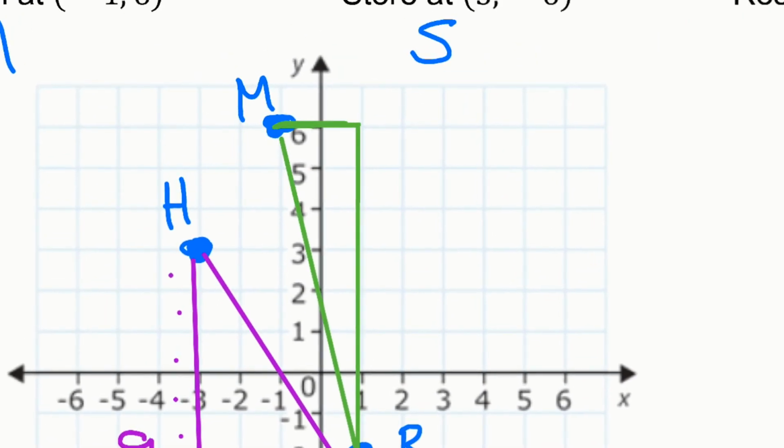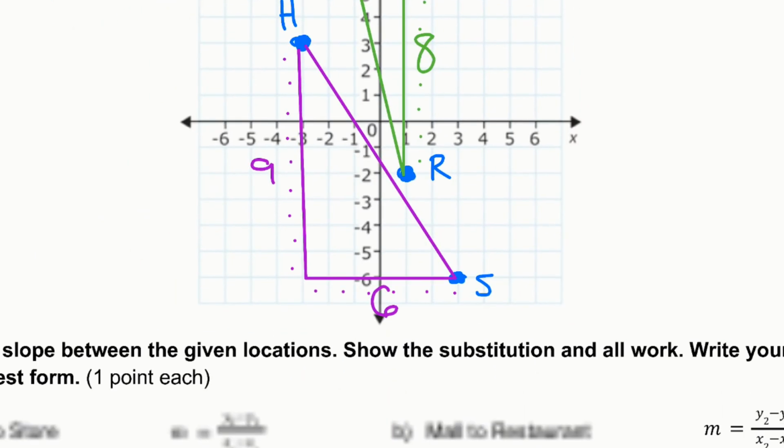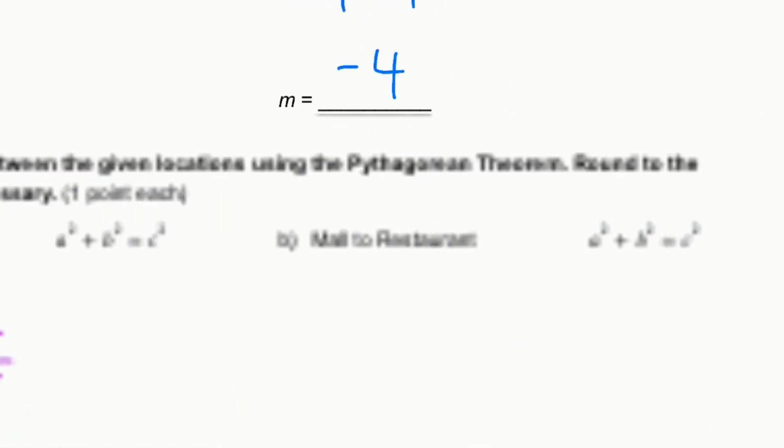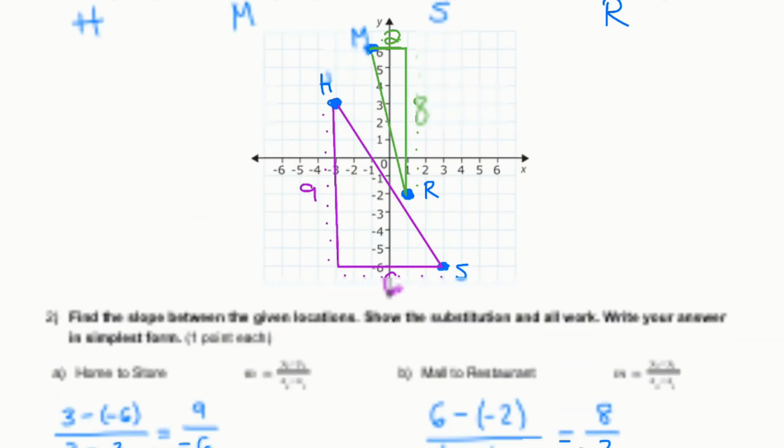All right. 1, 2 here is that leg. 1, 2, 3, 4, 5, 6, 7, 8 is this leg. So we will take 2 squared plus 8 squared equals c squared. It was 8, wasn't it? Yeah, 2 and 8. Okay.